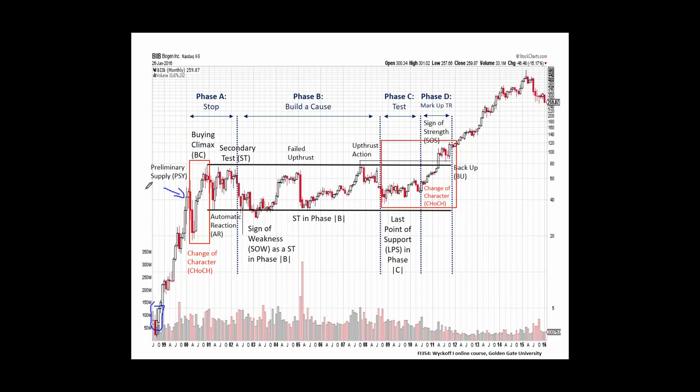It would be a place where some stock should be sold, and then a push above the peak of that preliminary supply into a second buying climax is also a place where stock can be sold. But then also the testing areas. So the secondary test, that failed upthrust, those are places where stock can also be sold.